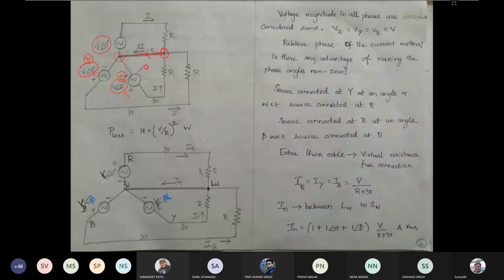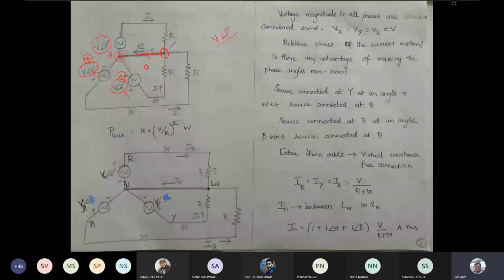What we did, we were supplying V angle 0 as the voltage magnitude for all the sources. Now we are connecting all the sources and making it a neutral point. The negative terminals of all the sources are connected and all are meeting at the same point. That point we call neutral. Similarly, on the load end, we have connected the negative terminal of the resistors, which you can call a neutral.